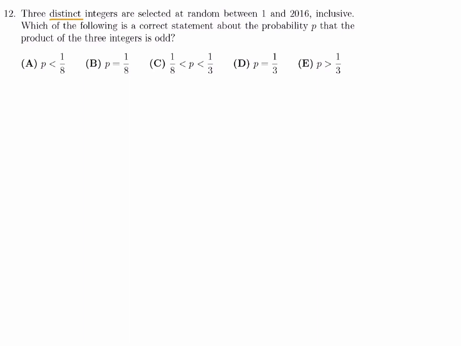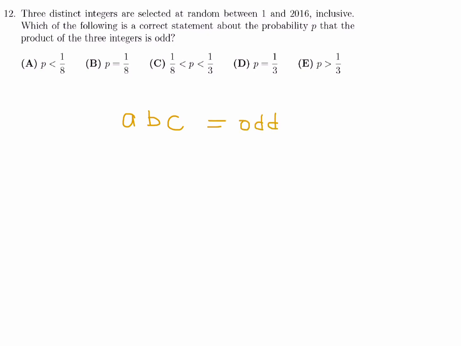3 distinct integers are selected at random between 1 and 2016 inclusive. Which of the following is a correct statement about the probability P that the product of the 3 integers is odd? Let's let those 3 integers be A, B, and C, and they are distinct, and they're chosen between 1 and 2016, and we want their product to be odd.